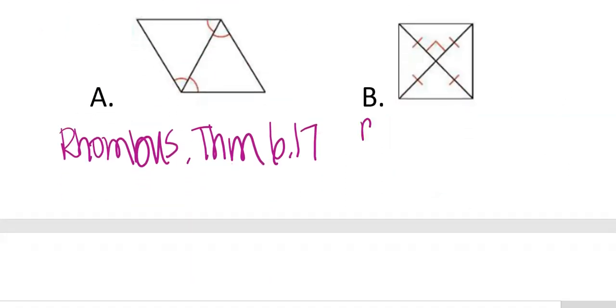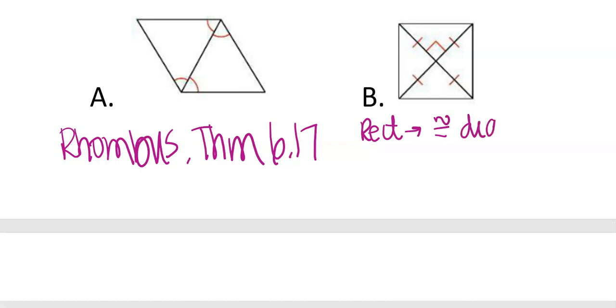So we're going to say rectangle. And that one is congruent diagonals. I'm just not going to use the theorem numbers because I don't want to page up again. It's a rhombus because it has right angles.